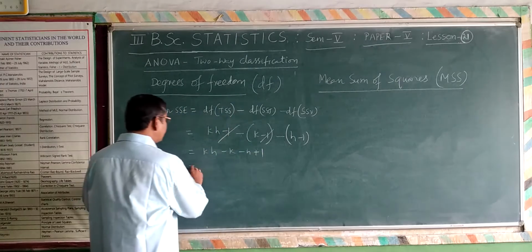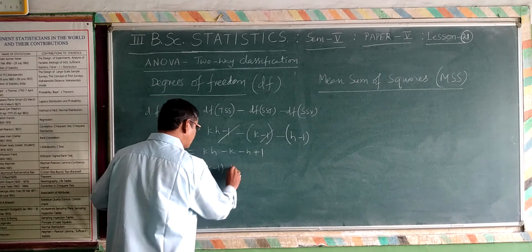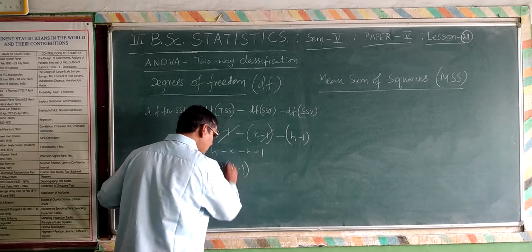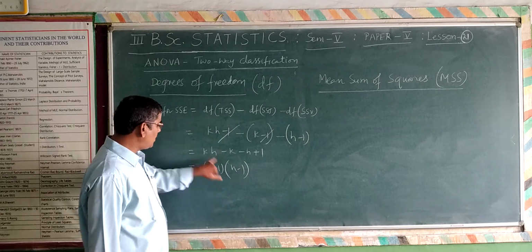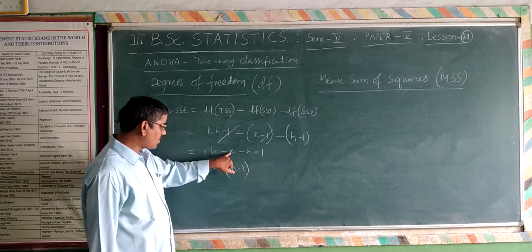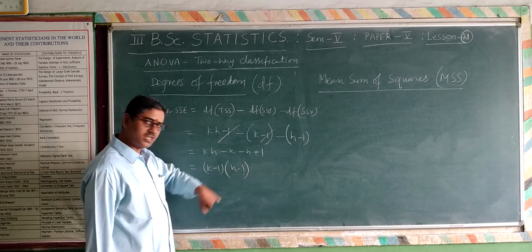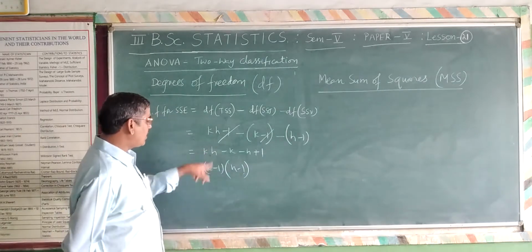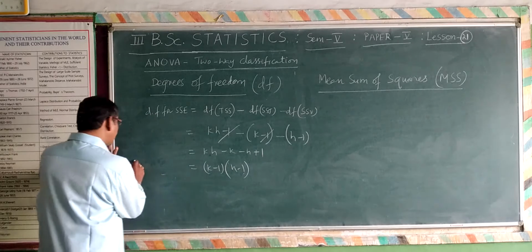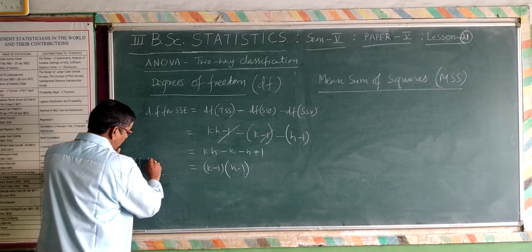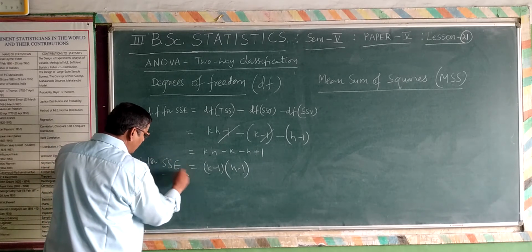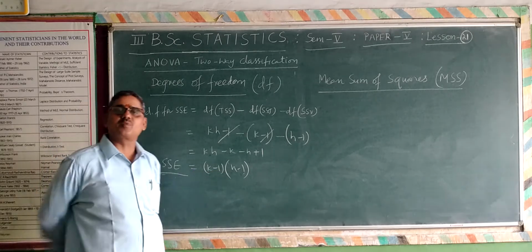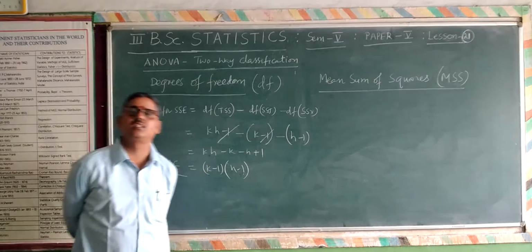I am writing this as k minus 1 into h minus 1. You see, k minus 1 into h minus 1 gives k into h, k into minus 1 which is minus k, minus 1 into h which is minus h, and minus 1 into minus 1 which is plus 1. Therefore, the degrees of freedom for the sum of squares due to the error is k minus 1 and h minus 1. Do you understand this?